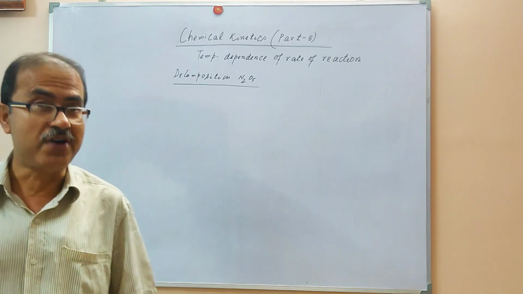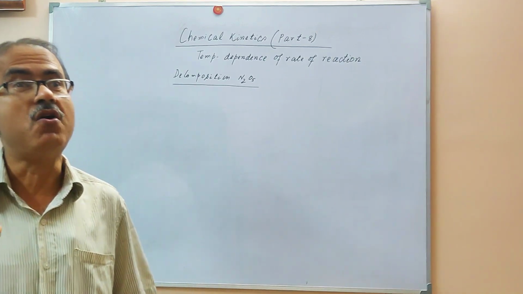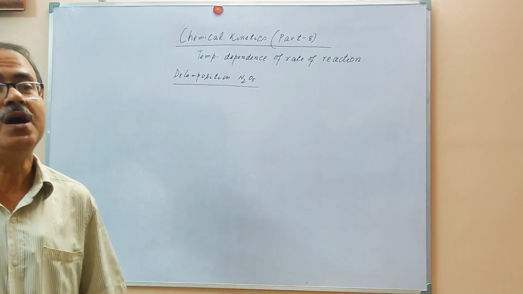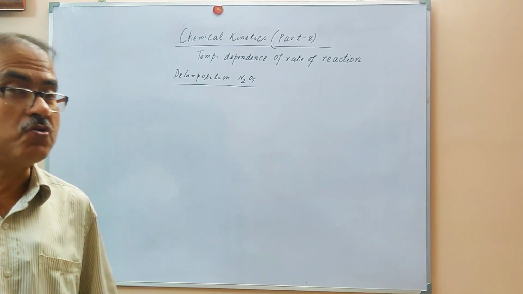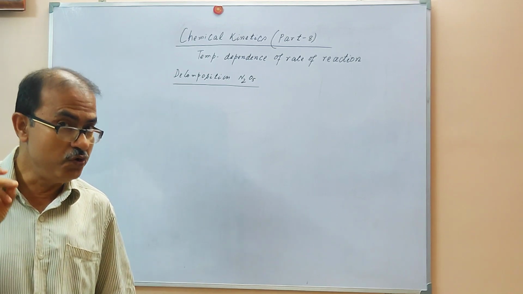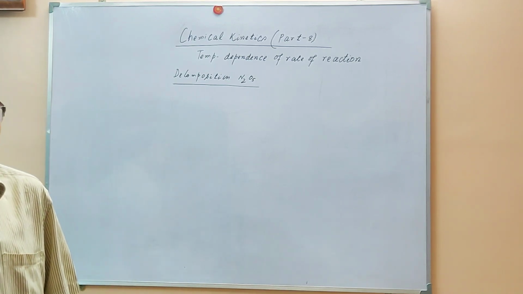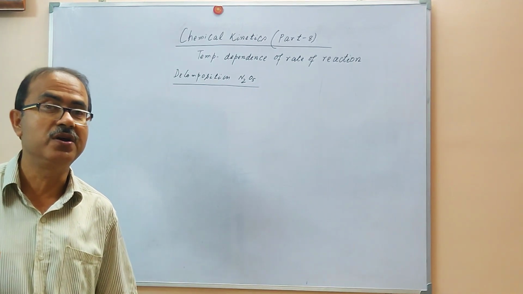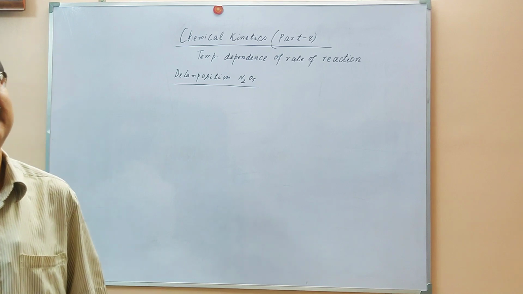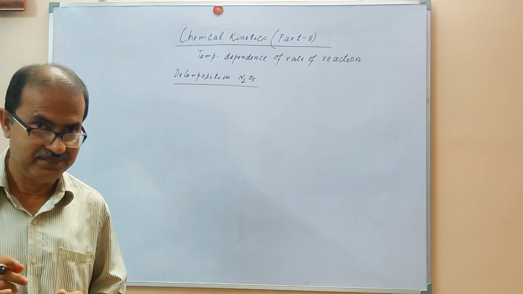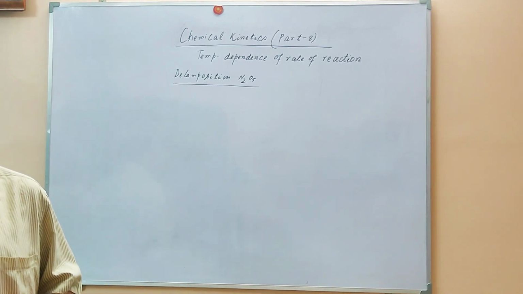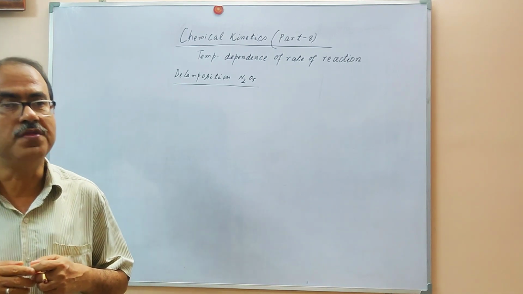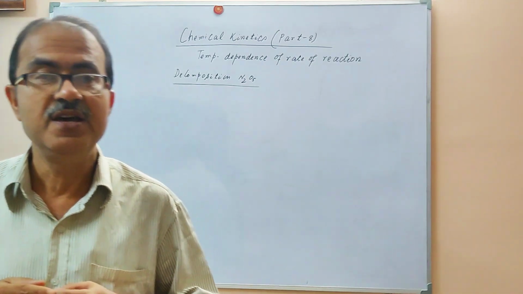When it is at 25 degrees Celsius, it will take 5 hours to decompose to half of the original amount. And at 50 degrees Celsius you will find that it decomposes to half of the original amount in only 10 minutes. So you can understand how important this temperature factor is for the rate of reactions.